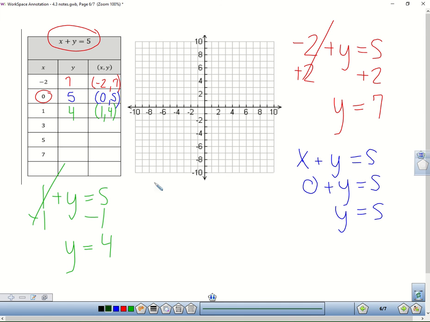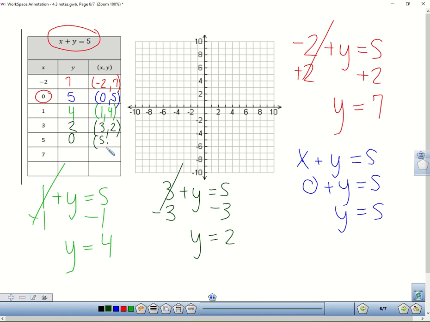Now we're going to plug in 3. So we got 3 plus y is equal to 5. I got to do what? Subtract 3. Y is equal to 2. My ordered pair is 3, 2. You guys starting to get the idea here? The next one, if I plugged in 5, I would subtract 5 on both sides and I would get 0.